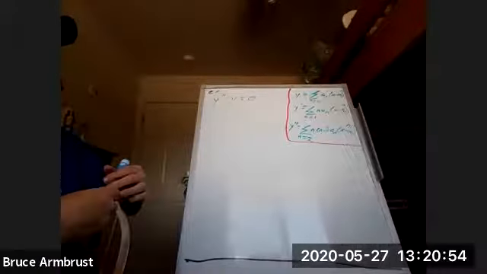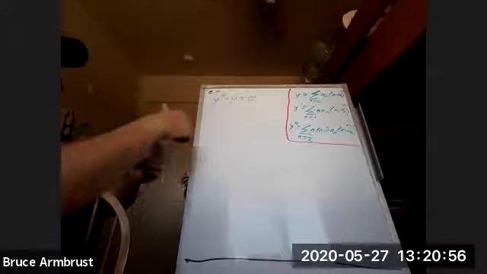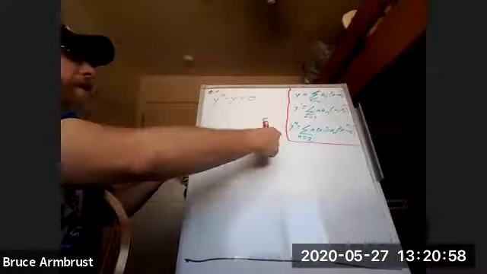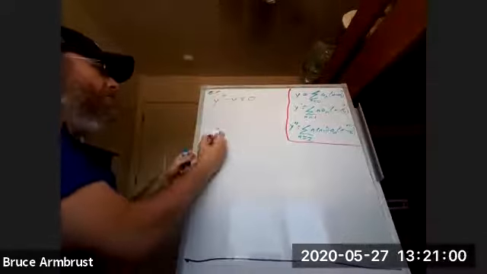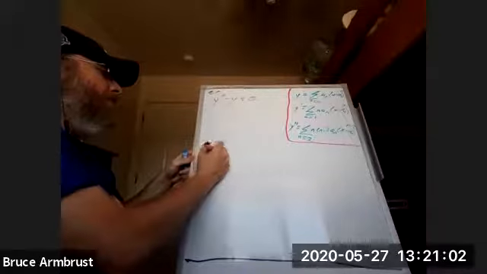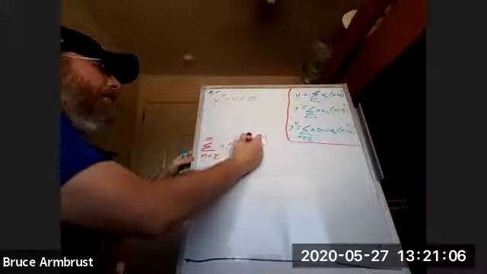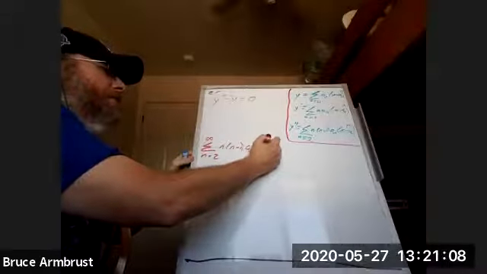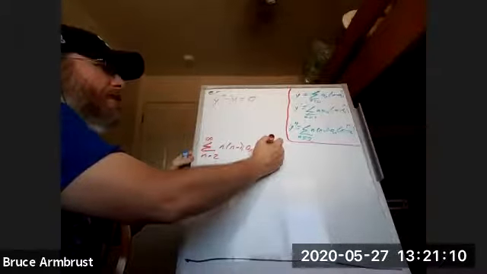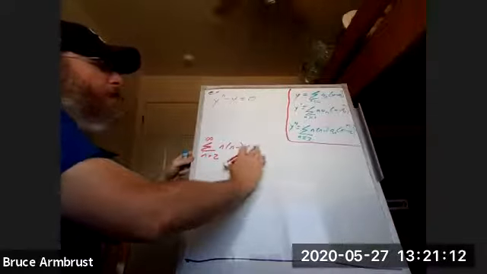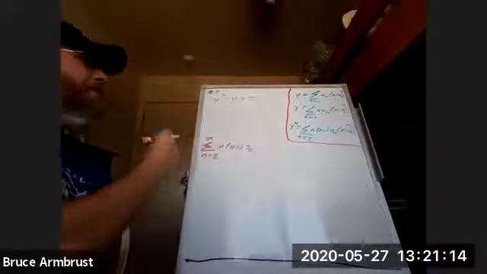Okay, so let's put these in. So we're going to get the second derivative, so we're going to have the sum from n equals 2 to infinity of n times (n minus 1) times a sub n times (x minus x naught). But I'll tell you what, let's center this at 0.